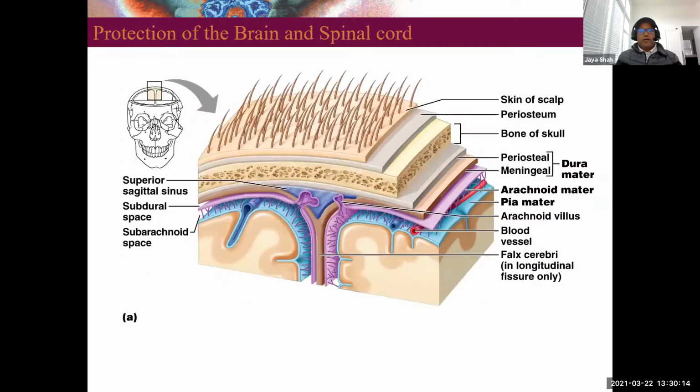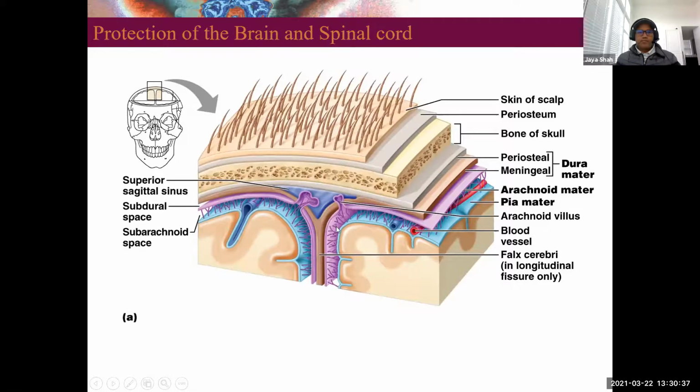Okay. So last time we talked about the subarachnoid space, the protection of the brain, you see here. So you have a scalp, you have periosteum, and then all the meningeal layers. So here you see the subarachnoid space, yes? Where is the subarachnoid space? This is the space.